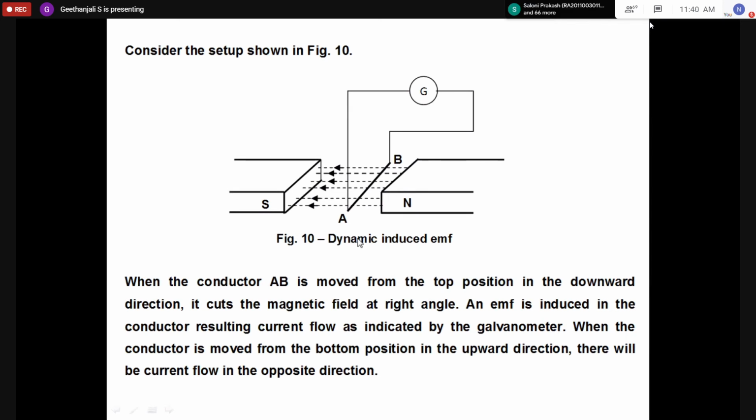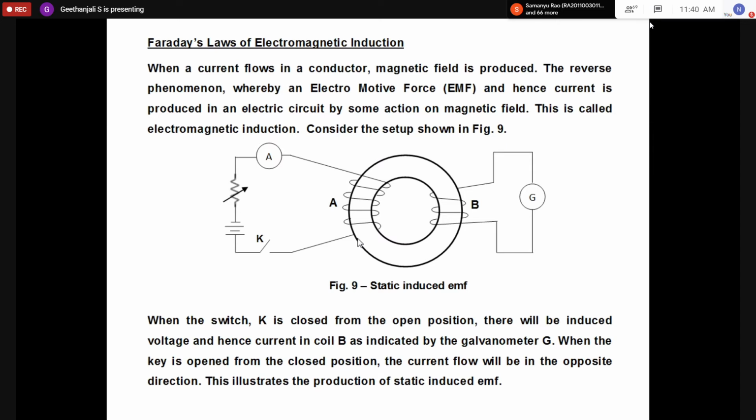The words static and dynamic represent the conductor position. Here the conductor position is what? Conductor position is stationary. Flux is varying by changing the current flow in this coil.